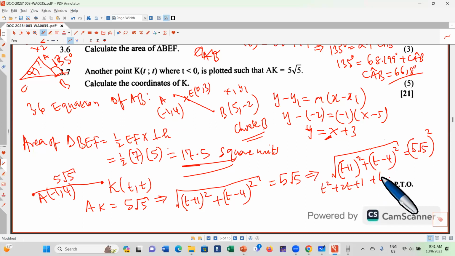This one is t squared minus 8t plus 16. And this is the same as 125. So this is 2t squared minus 6t. This one plus 16 is 17. You subtract 125, which is minus 54.